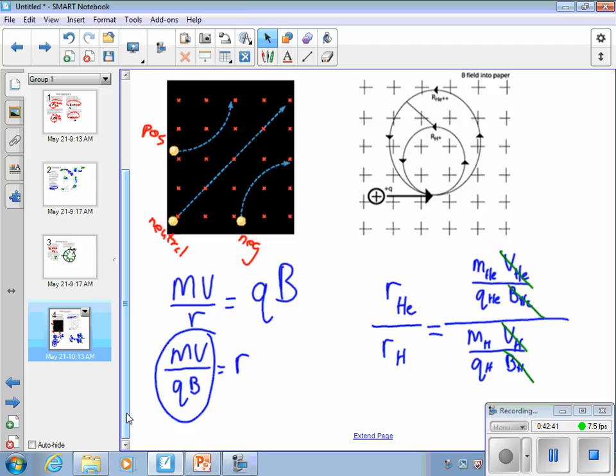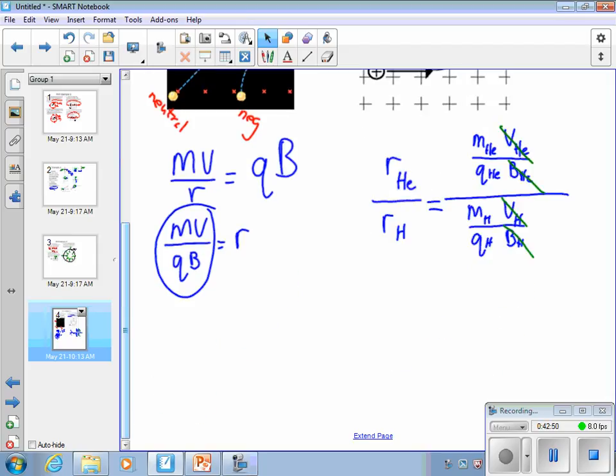But first of all, it's still one of those ugly, complex, compound fractions. So that's a little scary. But I suppose I could try to reorganize things a little bit, but it's not actually that bad, because what do I know about helium versus hydrogen in terms of mass and charge?